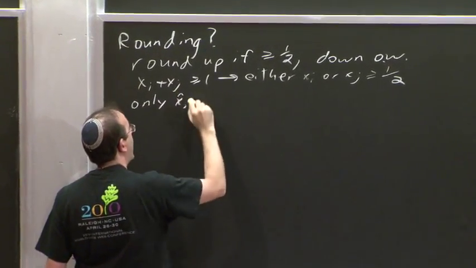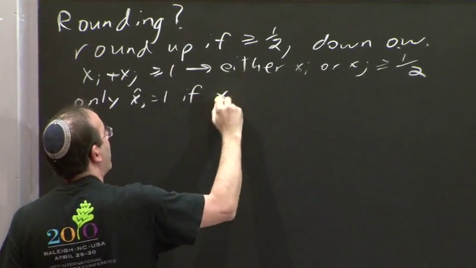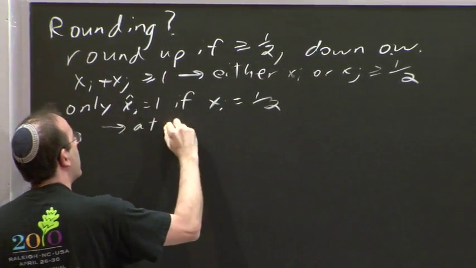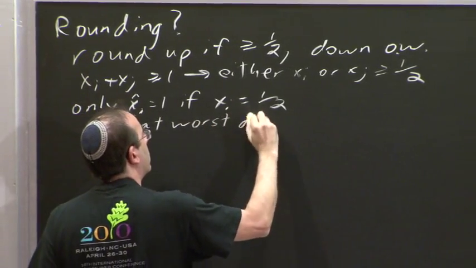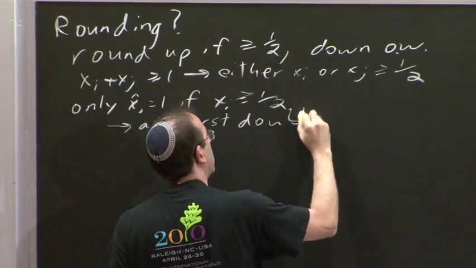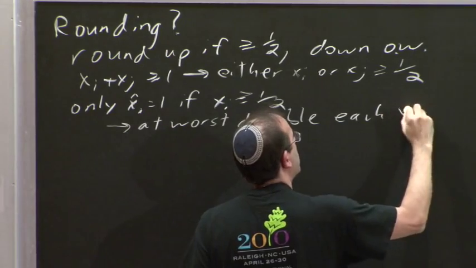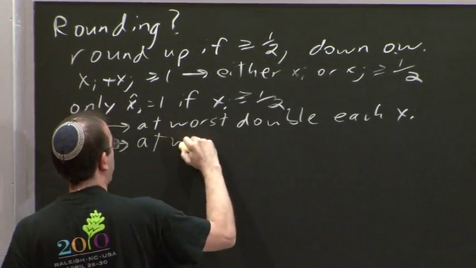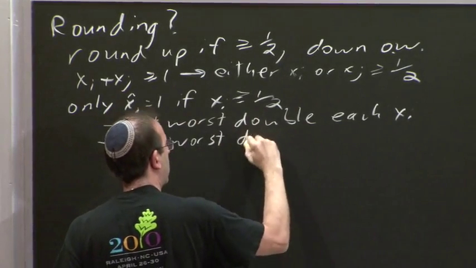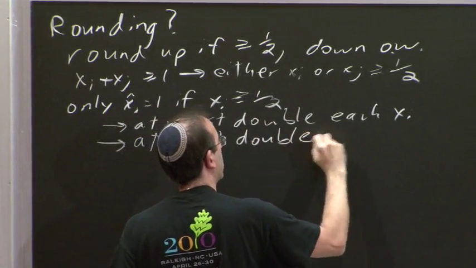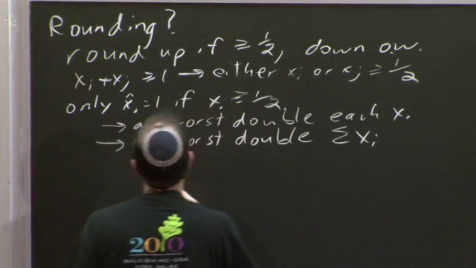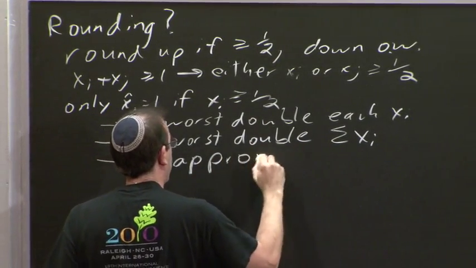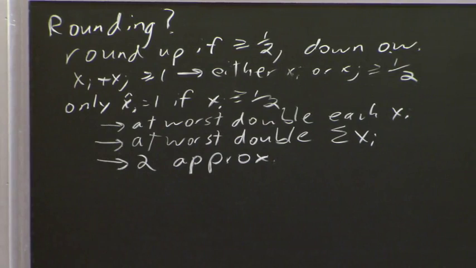I'll call this xi hat. If xi is at least 1/2, we round it up to 1, which means that we at worst double each xi, which means that we at worst double the solution. So we get a 2 approximation. What a surprise.